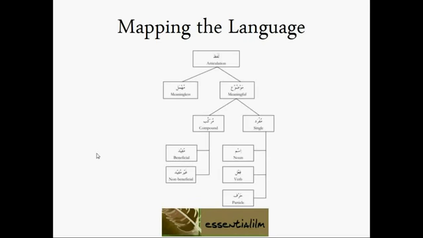Mapping the language. Now, one benefit I find in studying classical books of grammar and morphology versus the newer books like Medina Arabic or Arabic Tutor is that the classical grammar manuals give you a good map of the language in your head, so everything is connected.